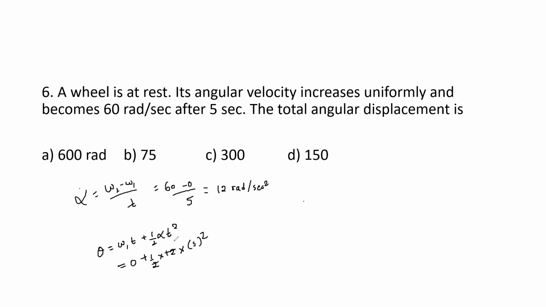So 2 ones are 2, 2 sixes are 12. Then 5 square is 25. 25 into 6, that is 150 radian. This is the displacement of the body. The displacement of the body is given by 150. Option B is the right option here.